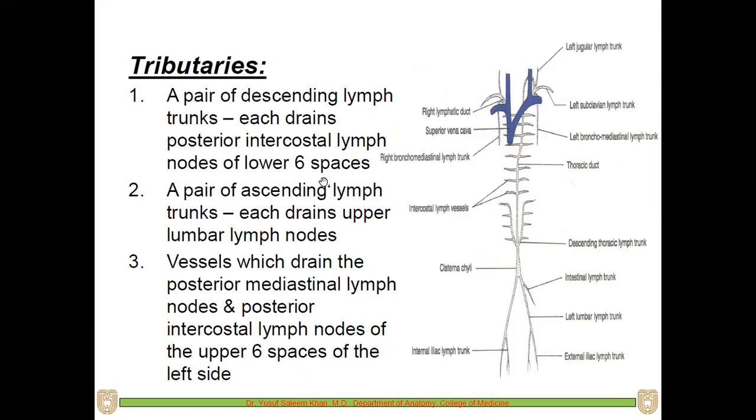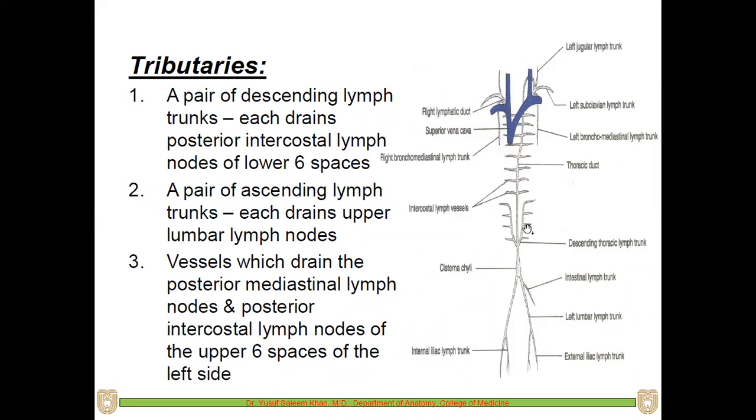Then a pair of ascending lymph trunks, each draining the upper lumbar lymph nodes. If you see here, these are the ascending lymph trunks which will be coming from below upwards, draining the lumbar region, especially the lumbar region. Then we have the vessels which drain the posterior mediastinal lymph nodes and the posterior intercostal lymph nodes of the upper six spaces.